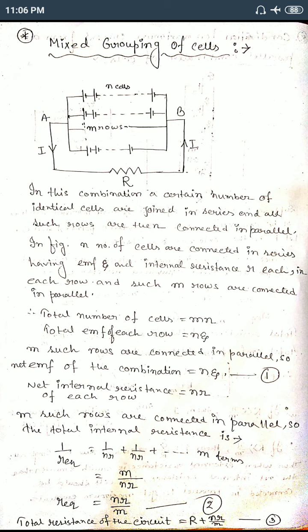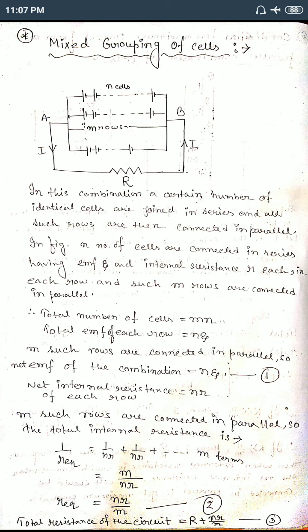So the total equivalent resistance is 1 by R equivalent equals 1 by nr plus 1 by nr. First row nr, second row nr, third row nr, like this up to m terms. So what can we write? 1 by R equivalent equals m by nr. So R equivalent equals nr by m. This is the total internal resistance.